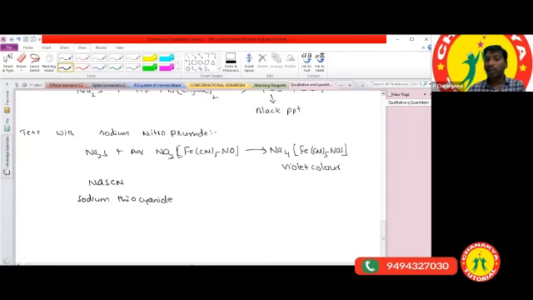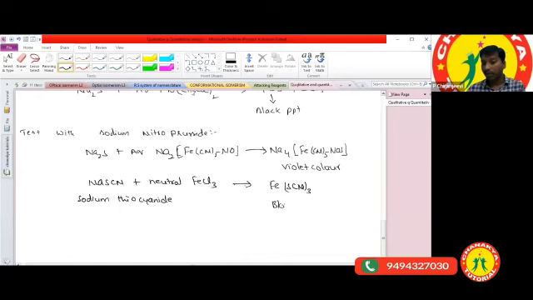When the Lassaigne extract is treated with neutral FeCl3, you will get a blood red color. Which color will you get? A blood red color.